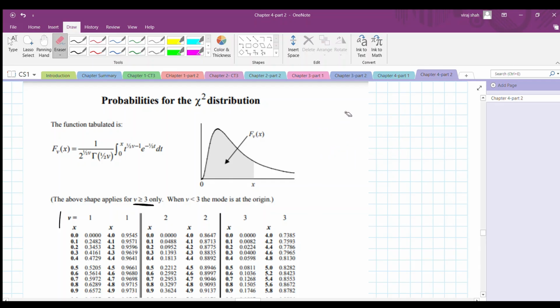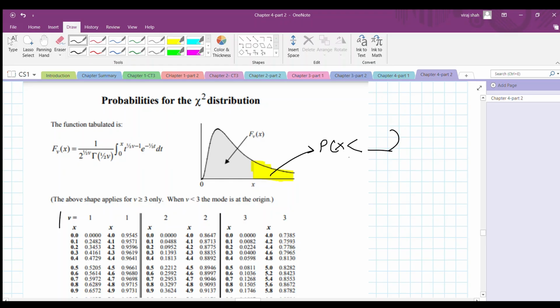And it has also been stated that for v less than 3, the shape applies. So basically, if my graph would be only colored in the yellow part and it won't be colored here, then this means that I have been given the probability of the values less than something.